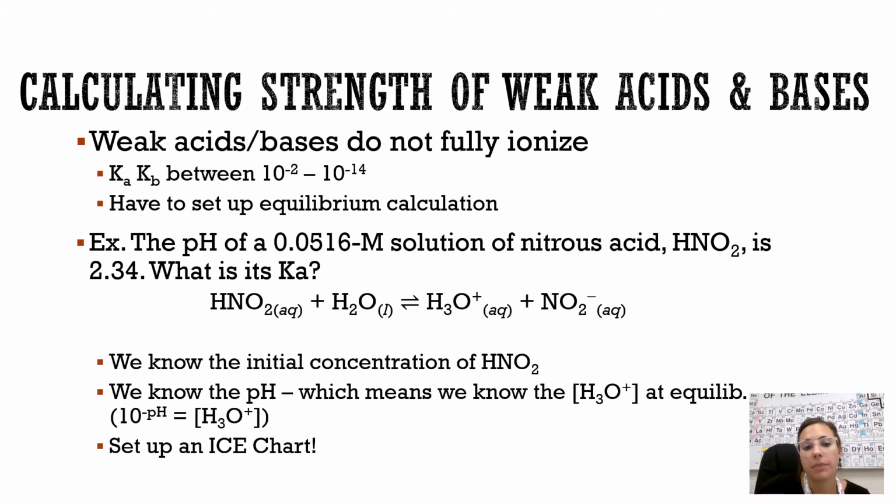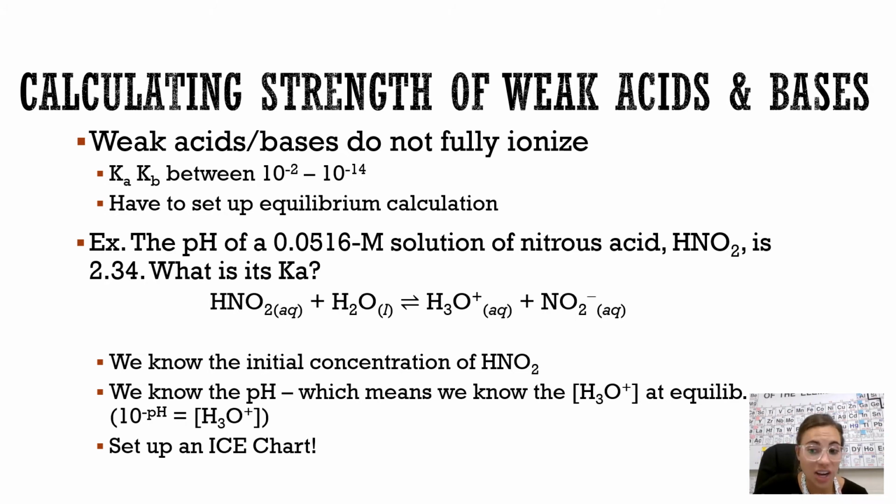So for example, the pH of a 0.0516 molar solution of nitrous acid is 2.34. What is its Ka? So here, I'm actually not even asked to calculate pH. I'm given pH, and I'm asked to calculate the K value.